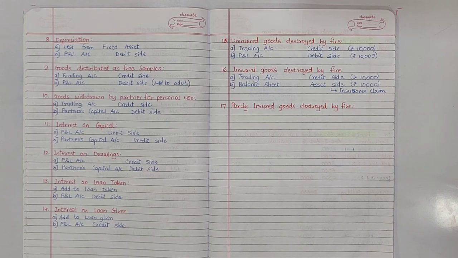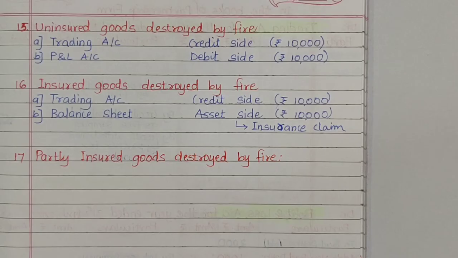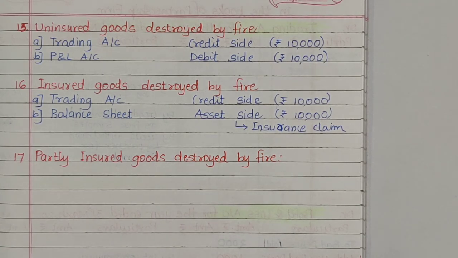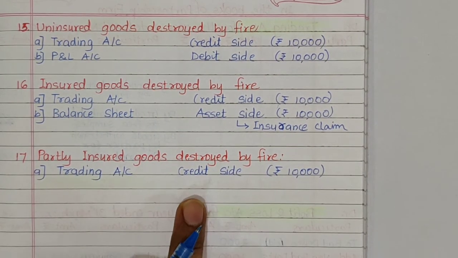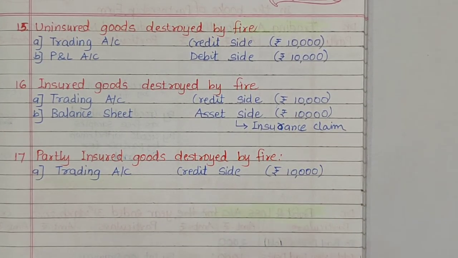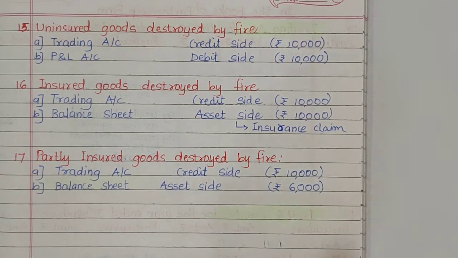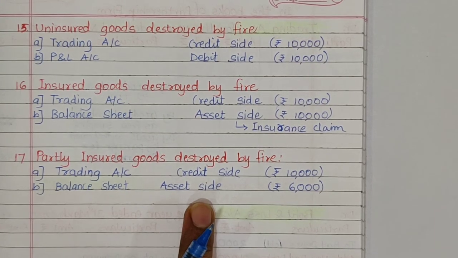But sometimes goods are not fully insured. Say goods are partly insured. This is a case where you have to give three effects for the adjustment. First effect, trading account credit side, rupees 10,000. This is the value of goods destroyed by fire. Second effect, balance sheet asset side as insurance claim of partly insured goods, say for example rupees 6,000.